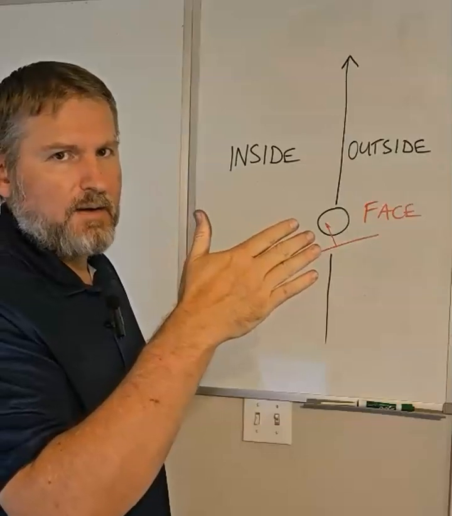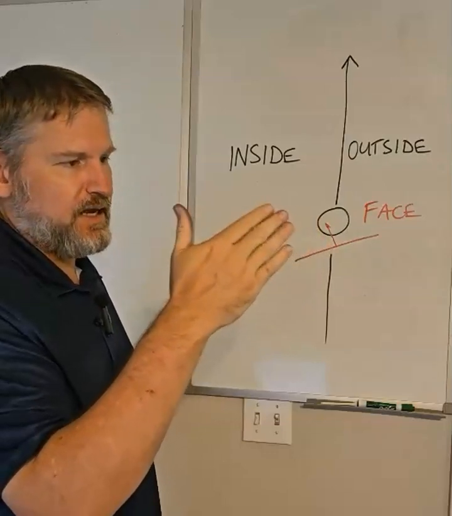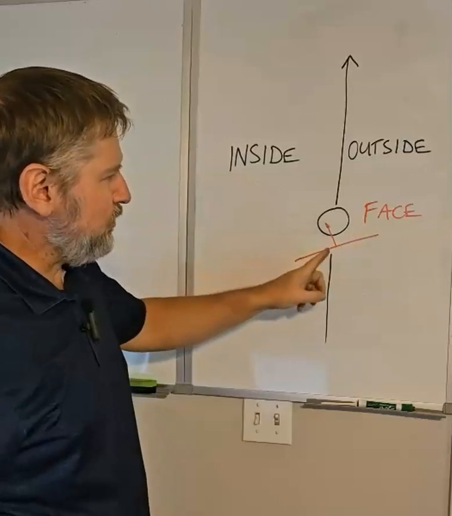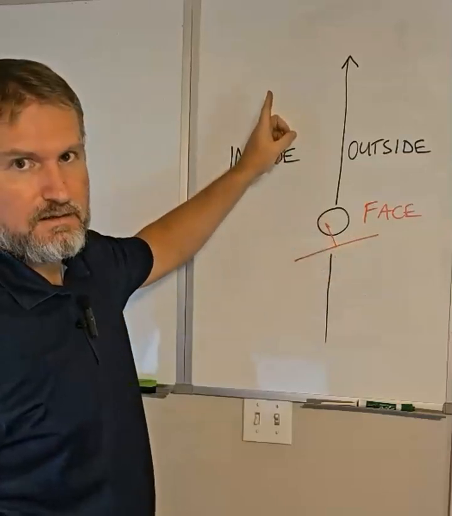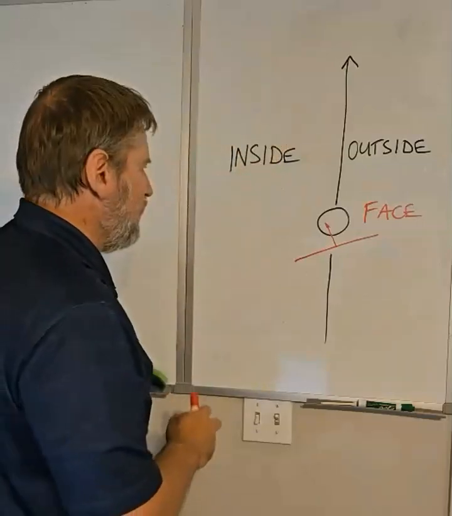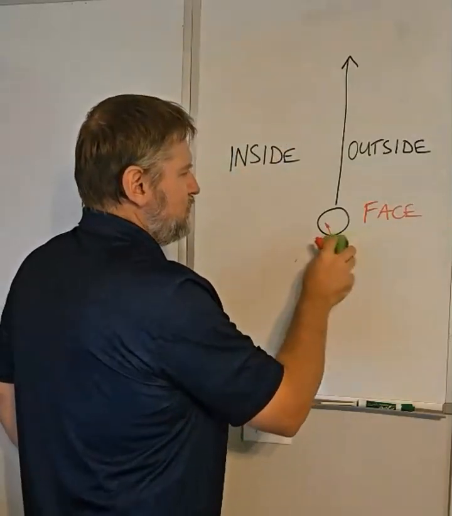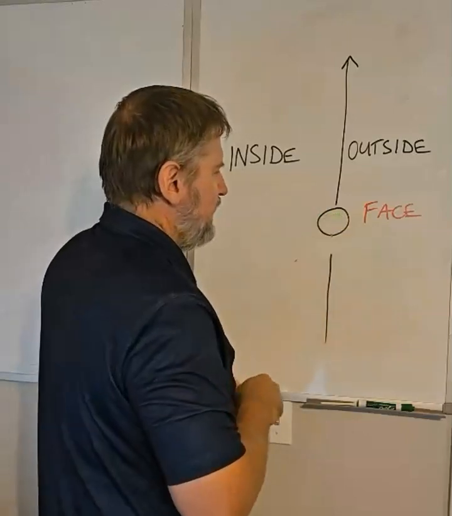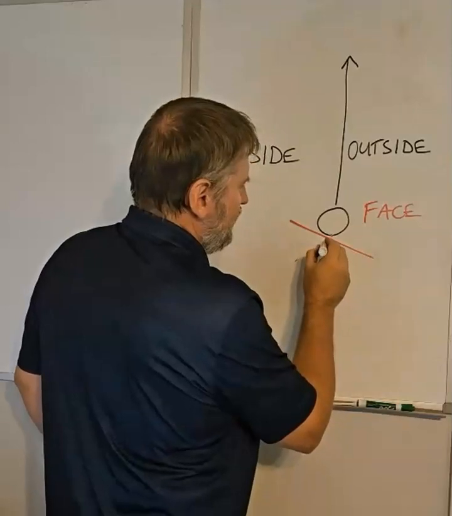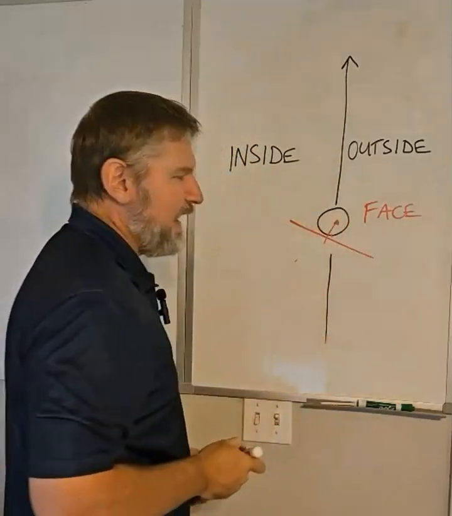It may or may not be optimal to do this, but that club face can be turned at an angle so that the face points to the inside. Okay? And then we can also have the situation where at impact, your club face could be angled in such a way that it is pointing to the outside.